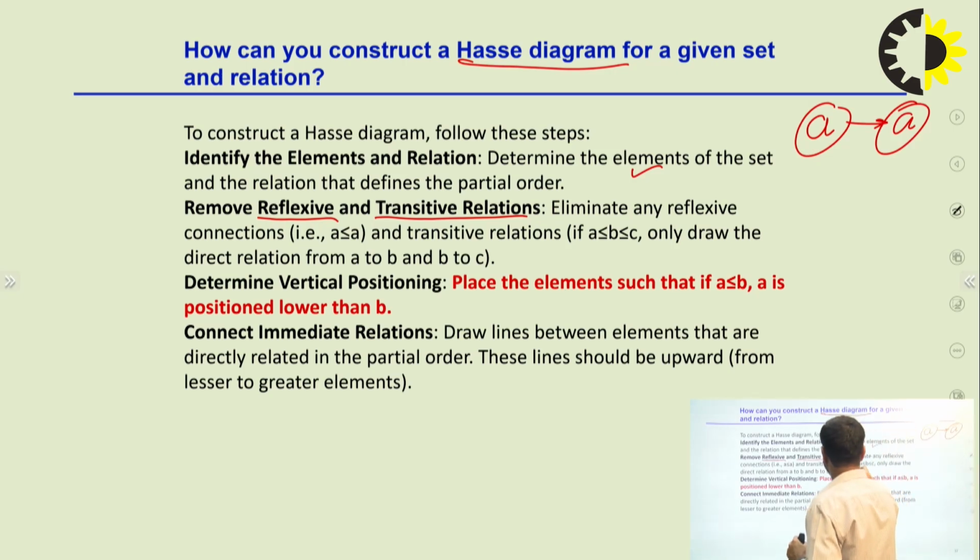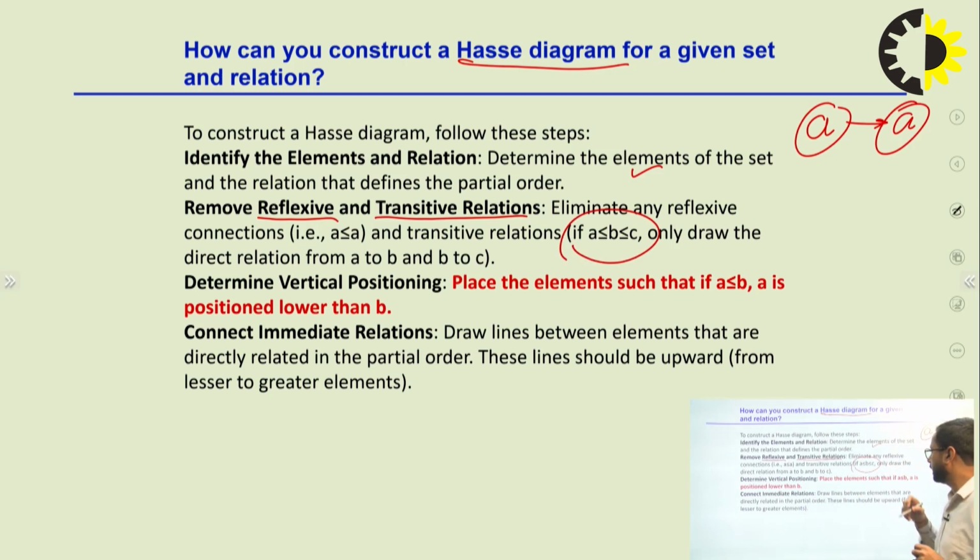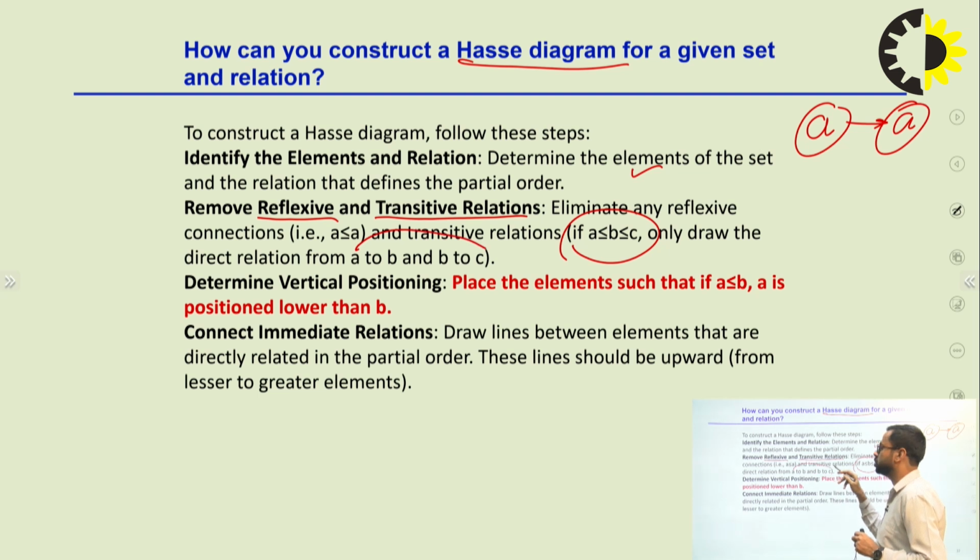So let's suppose A is less than B less than C. Then only draw the direct relation from A to B and B to C. We avoid the A to C connection. The two most important things that I have already discussed here: we remove the transitivity, and second, we remove the reflexivity. That means the identical element that represents the direct self loop, we avoid the self loop and the transitive relations.